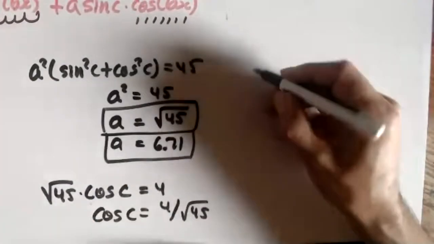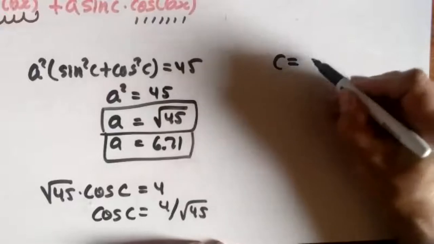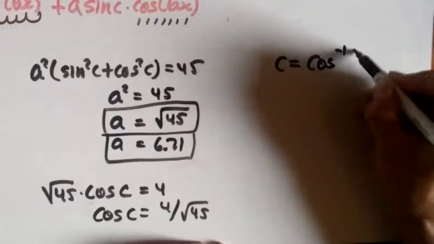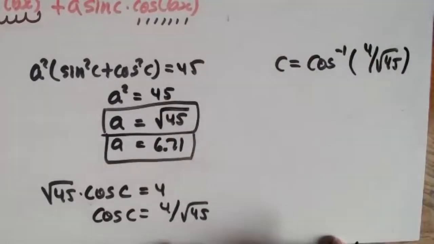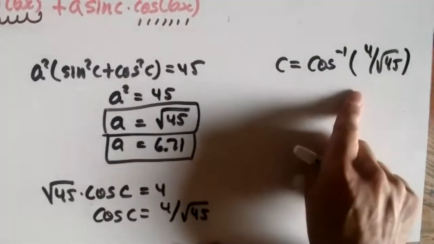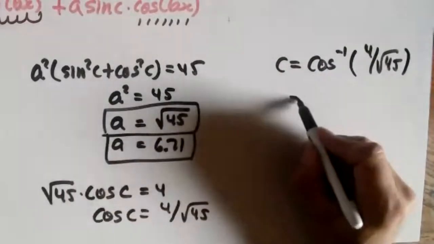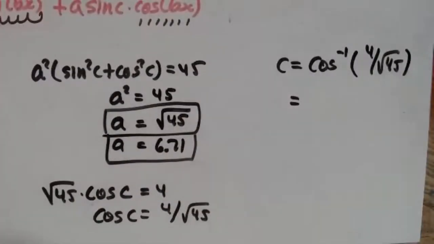So here c equals cosine -1 of 4 over the square root of 41, exactly as my calculator does. Arc cosine is the same thing. Then I'm going to use the calculator, right?